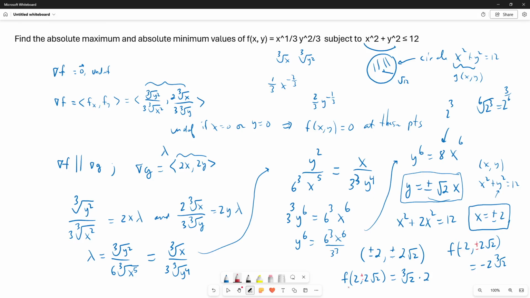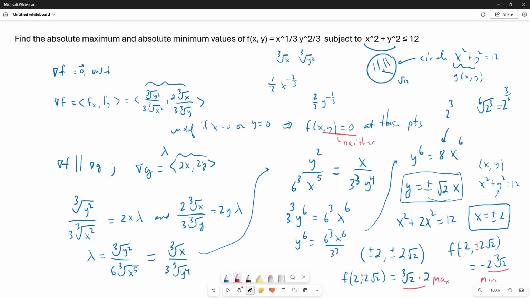So these 4 points, when you plug them in, you get 2 different outputs. One of them is positive, one of them is negative. And remember, where the gradient was undefined, the function was equal to 0. So these are neither max nor min. And the max is the positive value here of 2 times the cube root of 2, and the min is the negative value, negative 2 times the cube root of 2.